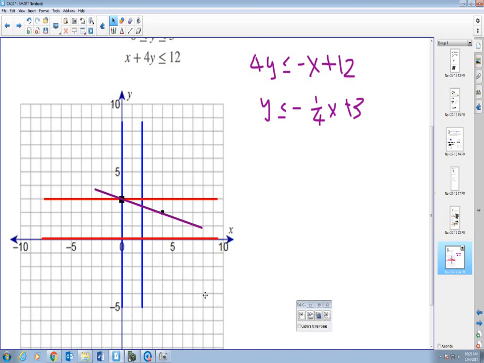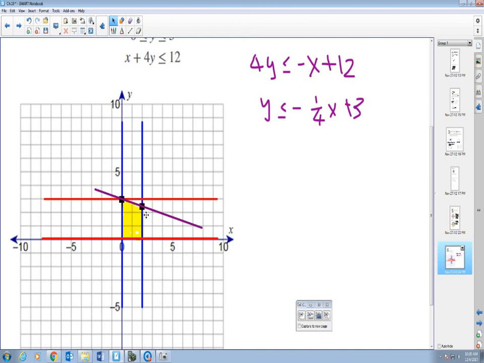Out of all the lines together, my boundary region is actually just this little tiny space. I've got to operate within this space. So let me move this one, put it over here.